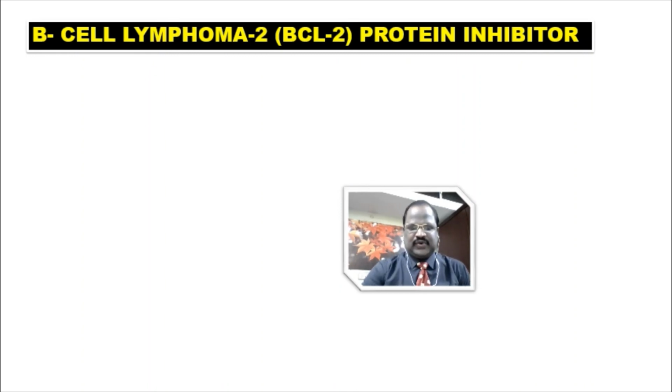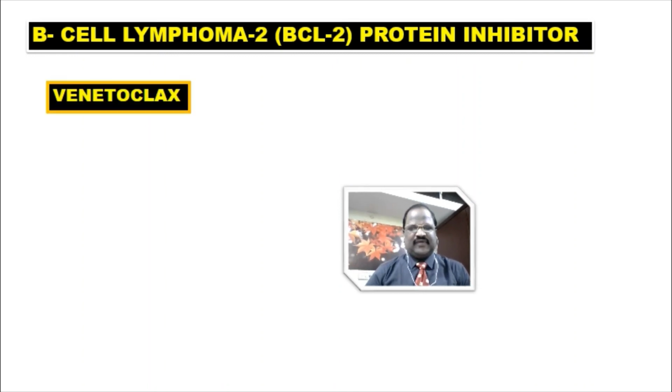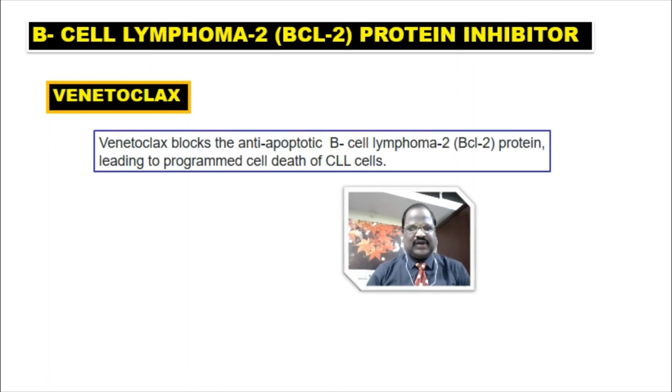Next is the B-cell lymphoma 2 protein inhibitor, simply called BCL2 protein inhibitor. First, we should know the drug name. The example for this category is venetoclax. What is the mechanism of action of venetoclax? Venetoclax blocks the anti-apoptotic B-cell lymphoma 2 protein, thereby leading to programmed cell death of CLL cells.